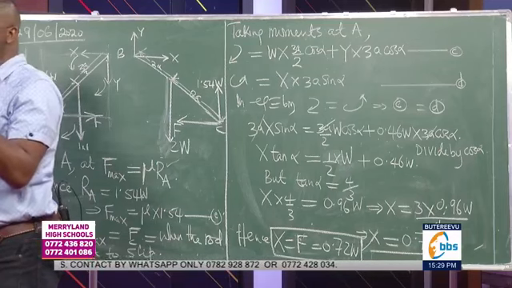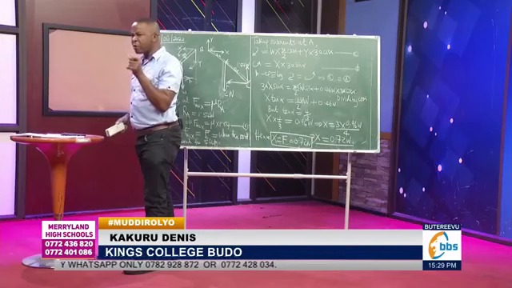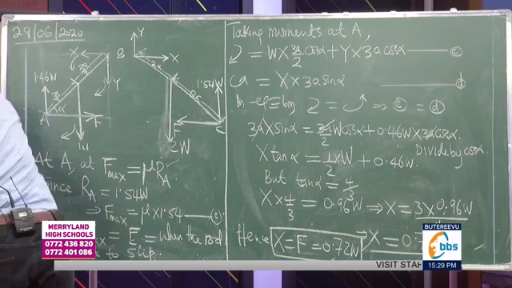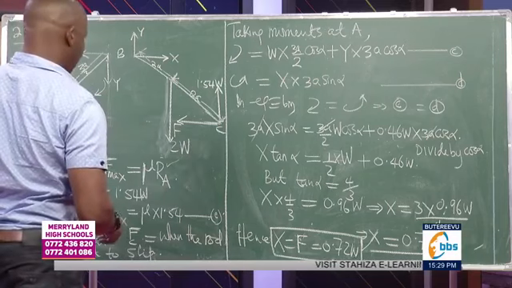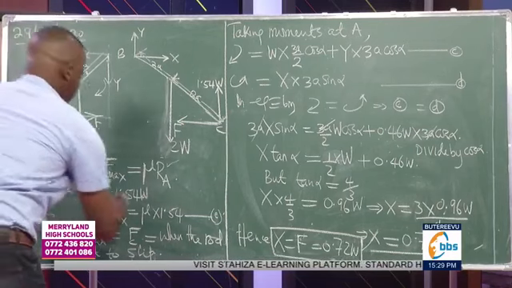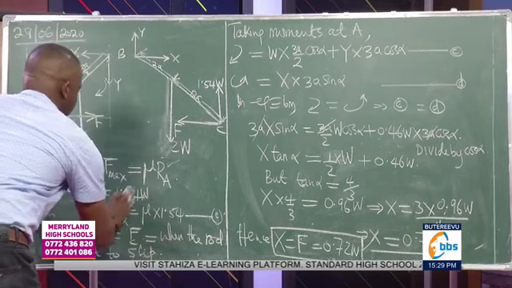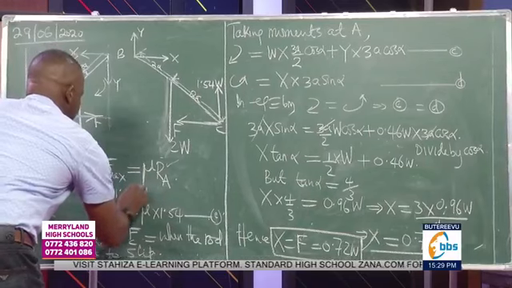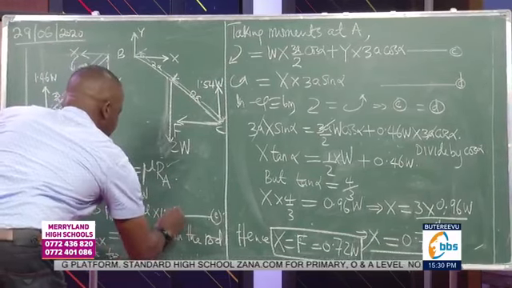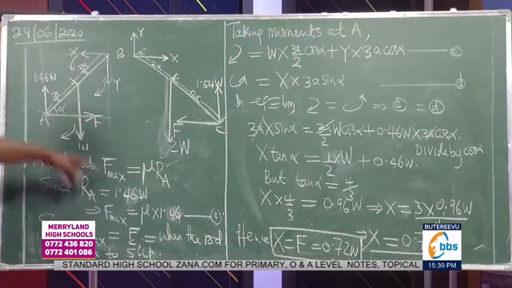They are saying that if the coefficient of friction at each point of contact is mu, and one rod is about to slip, so we shall consider rod FC to be about to slip. The value here, RA, was 1.46, sorry. If I use a wrong value, we shall not be able to get the correct answer. The reaction at A was 1.46.